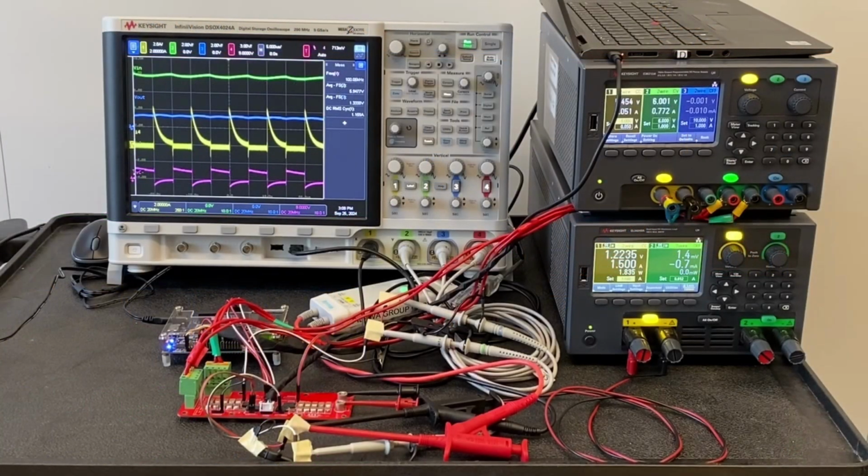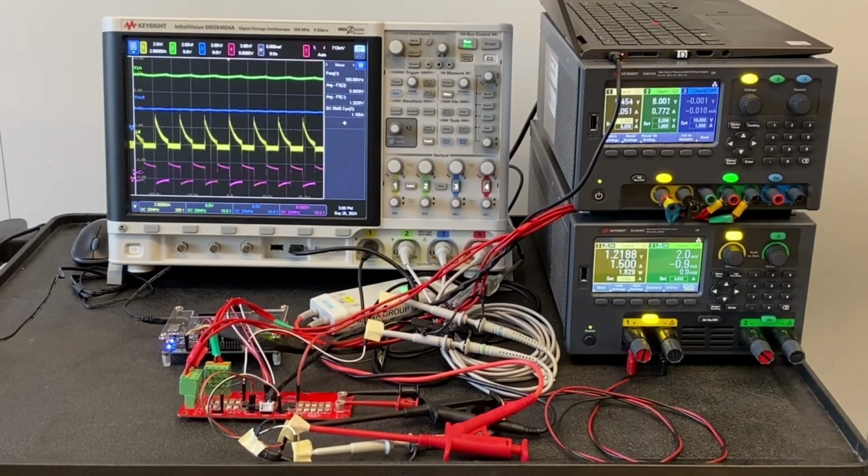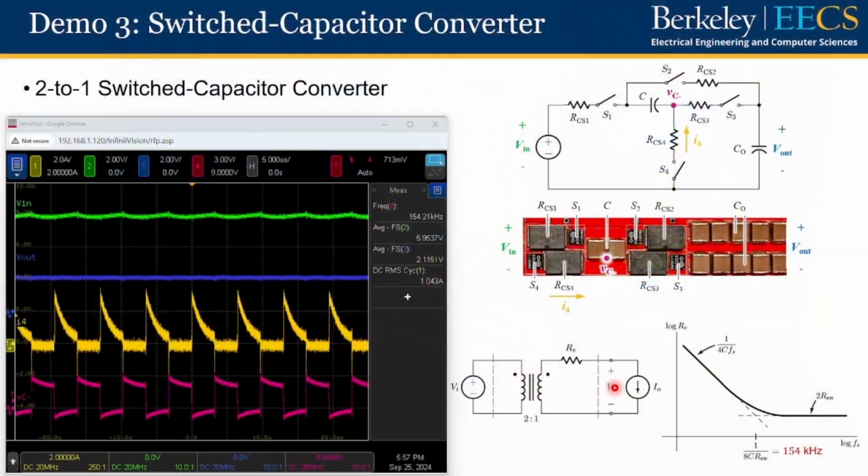Now, let me increase the switching frequency from 100 kilohertz to 154 kilohertz so that we are moving from the slow switching limit regime to the transition point between the SSL regime and the FSL regime. As we can see, after I increase the switching frequency, the output voltage has increased from 1.4 volts to roughly 2.1 volts.